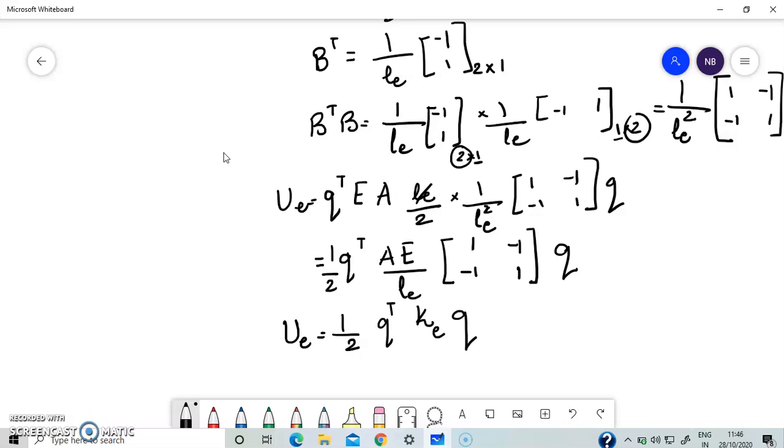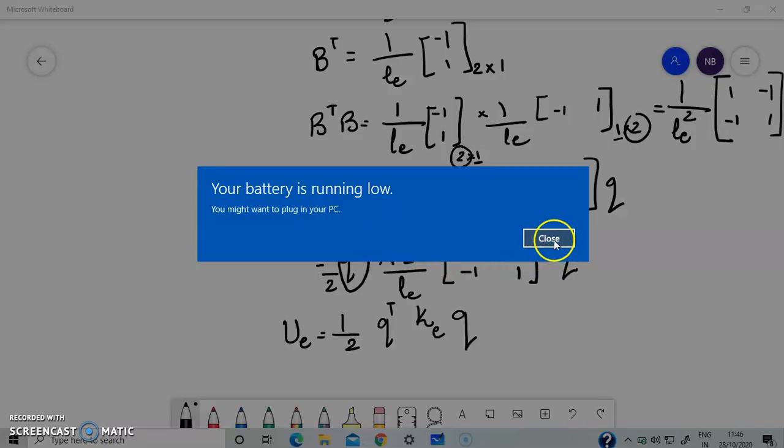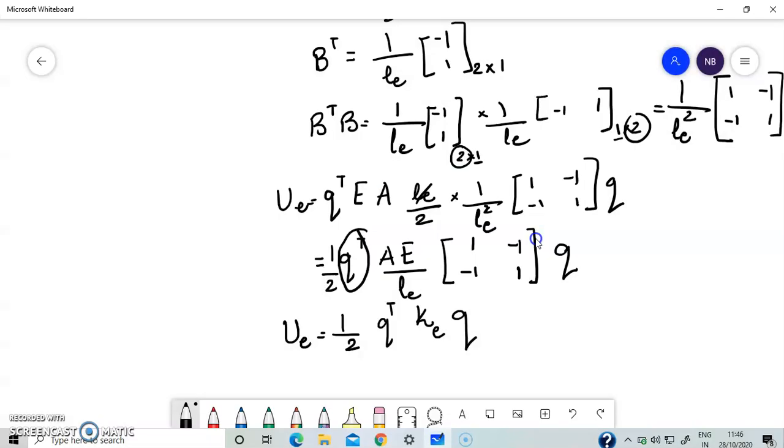This is why, with the q terms from the beginning of the derivation, you see that I have rearranged it as q transpose at the left hand side and q at the right hand side. So the expression in the middle of both gives us the stiffness matrix of a bar element.